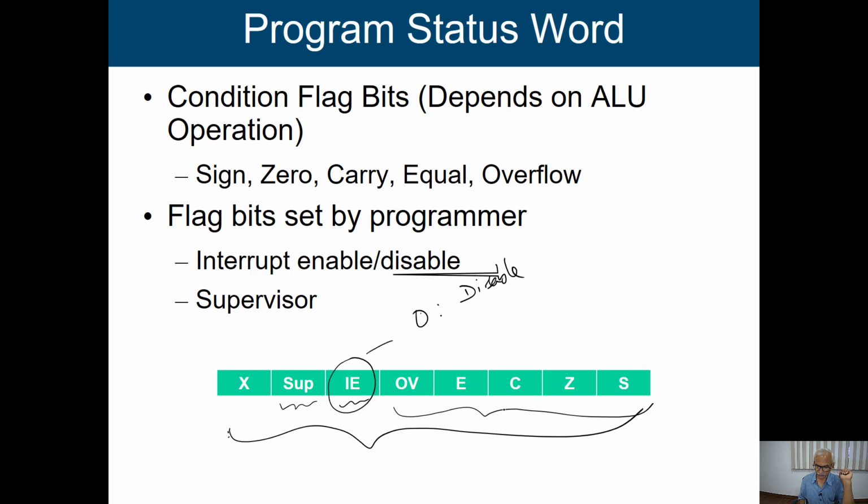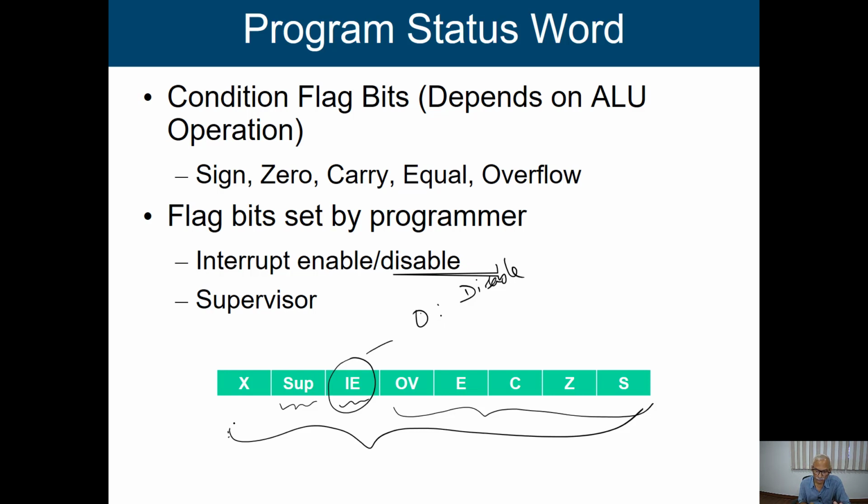Out of these 8 bits, we are using 5 bits as flags, which depend on the result of ALU, 2 other flags which can be set or reset by the programmer, and 1 particular bit we are not using in our computer. So out of the 8 bits, 7 bits are used for our flags, and we have not used 1 particular bit.